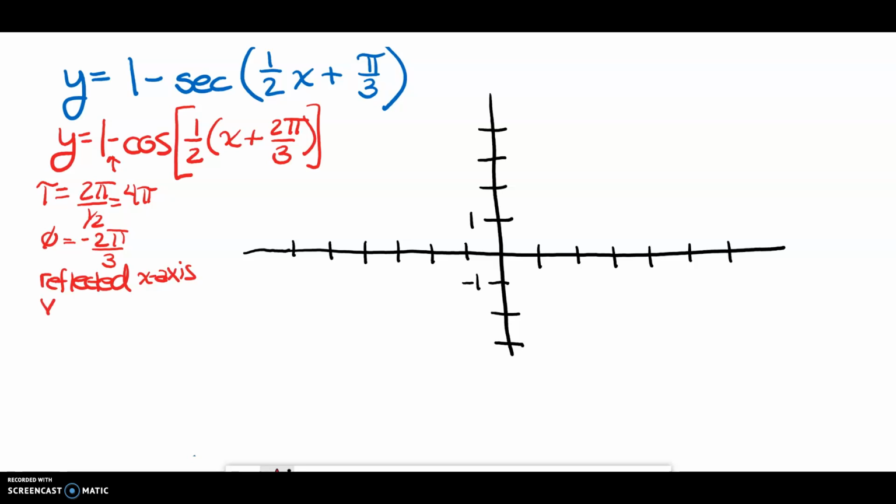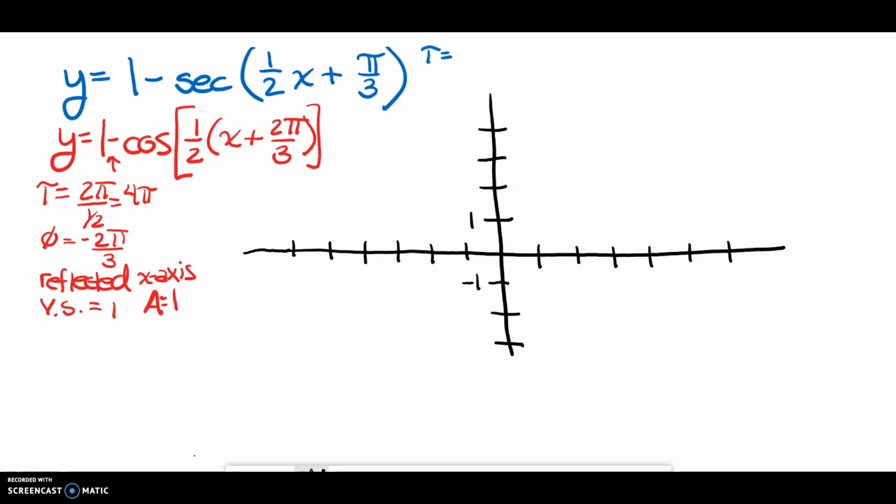And then I have also a vertical shift of 1 and an amplitude of the absolute value of -1, so my amplitude is also 1. Remember, secant does not have an amplitude, so how do these four things translate back into secant? Or 5 things, I should say, the same way, except I have no amplitude.